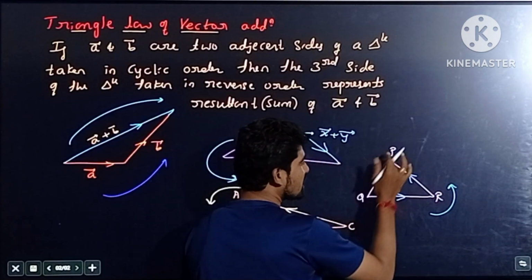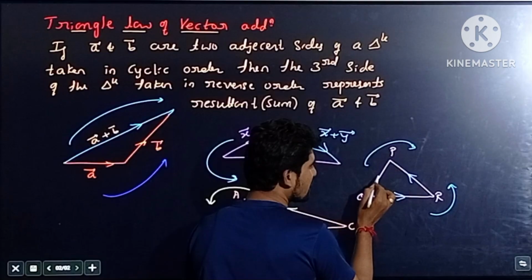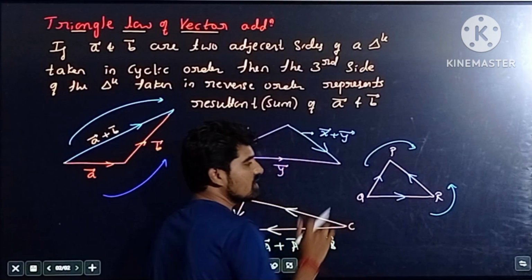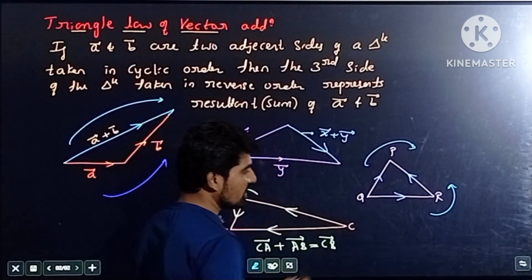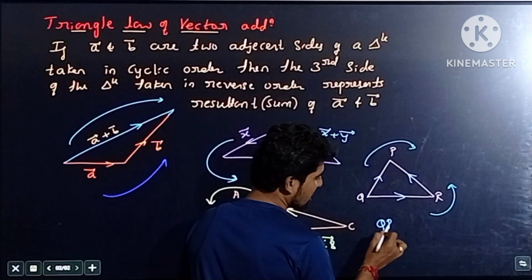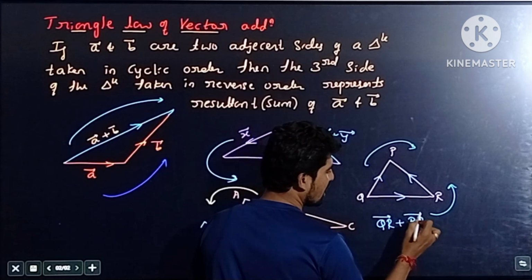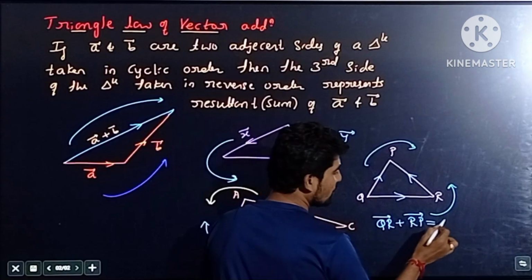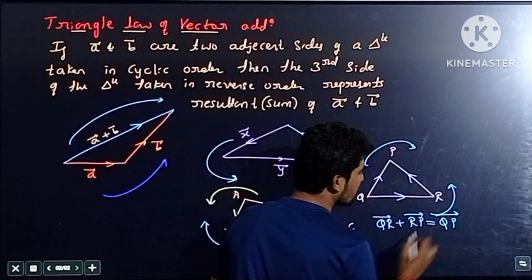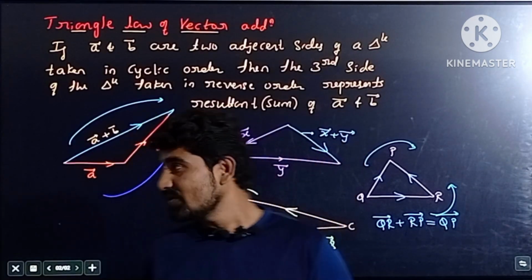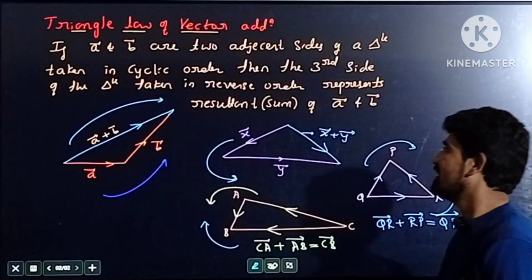Then the third side QP, taken in reverse order, represents the resultant of these two vectors. That is, QR vector plus RP vector equals QP vector. I hope all of you understood the triangle law of vector addition.